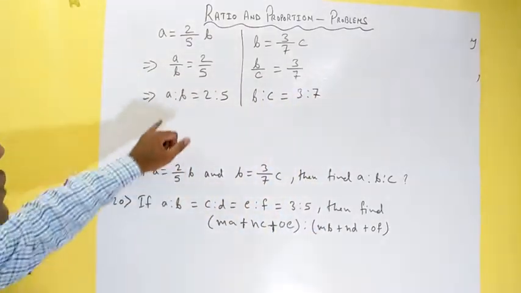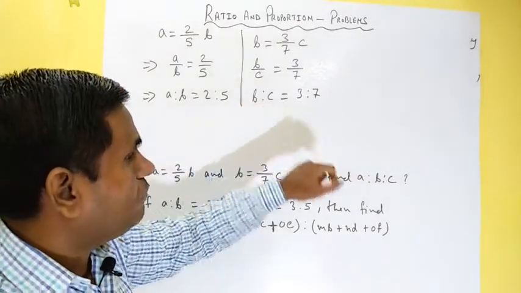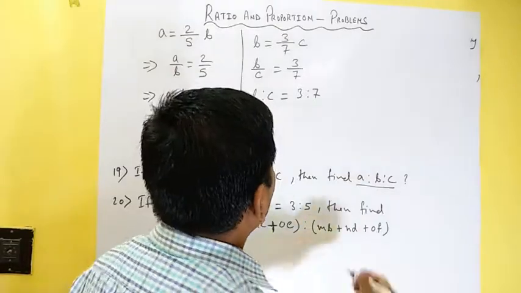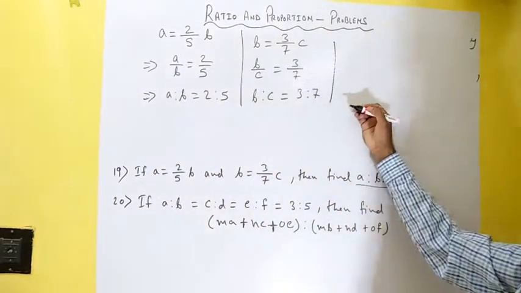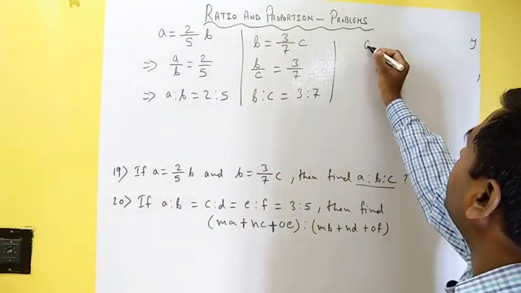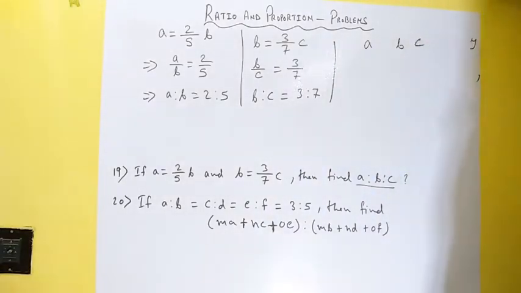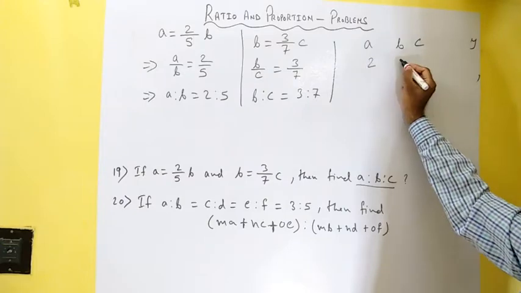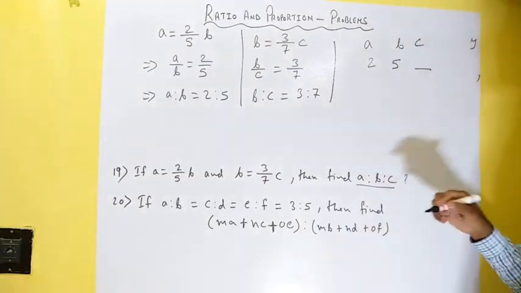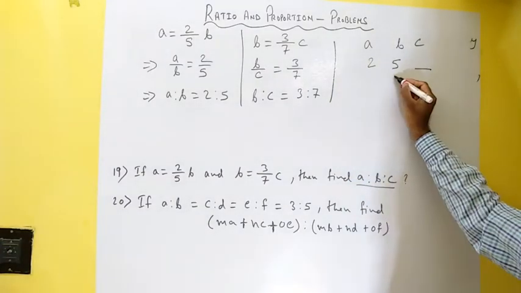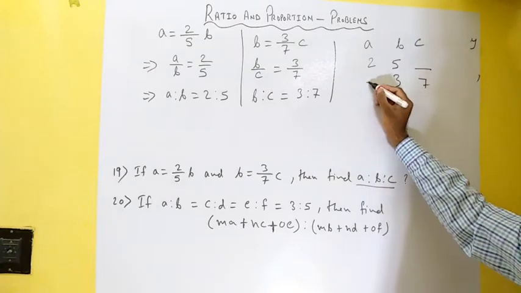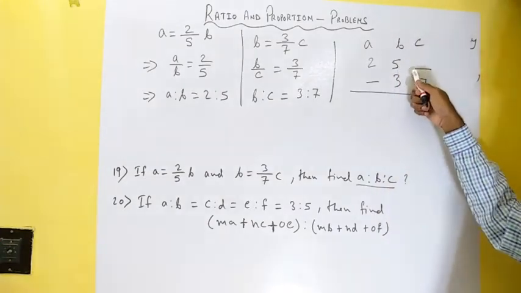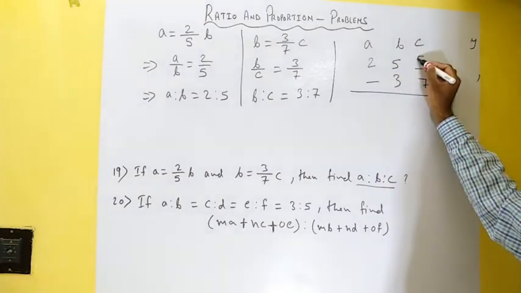Now we have the ratio of A is to B, B is to C. We will find the ratio of A is to B is to C using the same trick. So what we are going to do here is, we will write A, B, C, and then for AB we have 2 and 5. This is blank. For BC we have 3 and 7. This is blank. No problem, let us fill the blank. Blank is next to number 5, so we will write here 5.